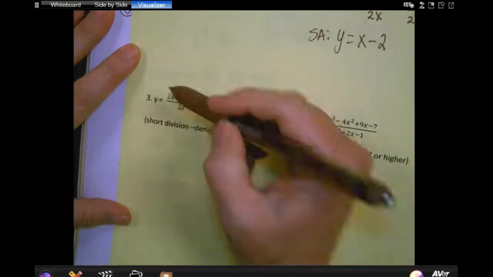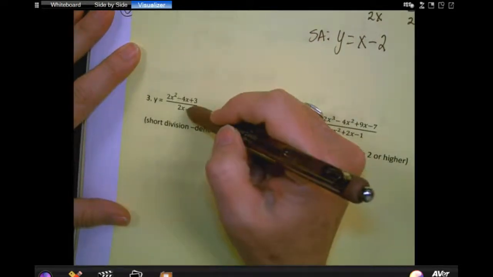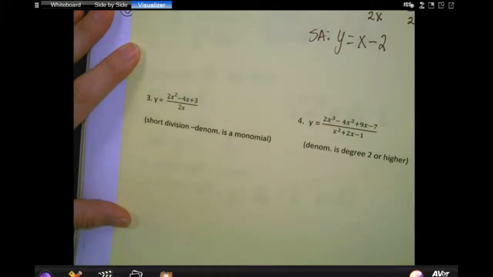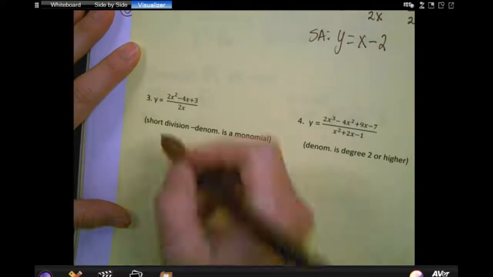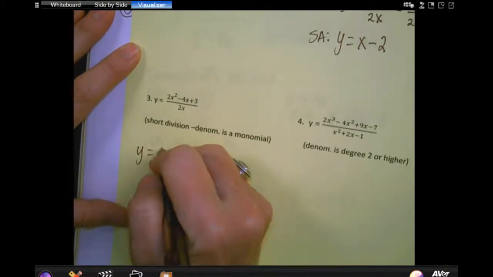Okay. So the 2 is bigger than the 1 by 1. So I know there's a slant asymptote. There's no horizontal asymptote, but there is a slant. So I'm going to do this.